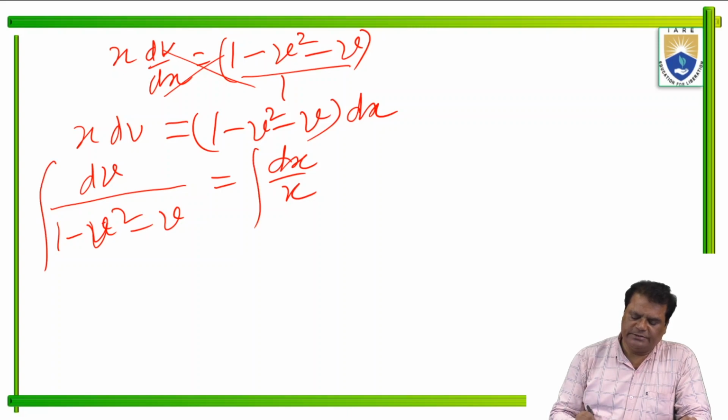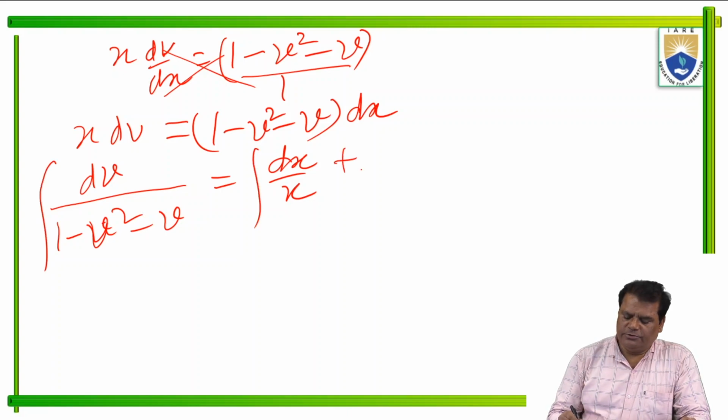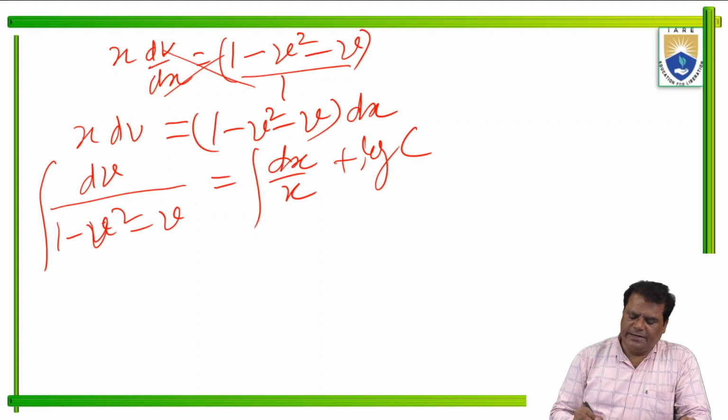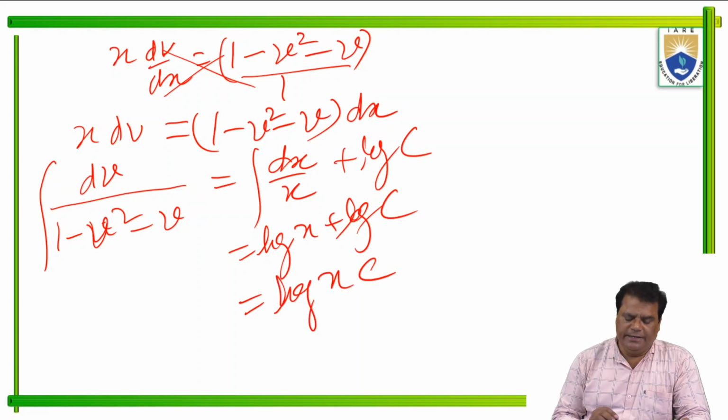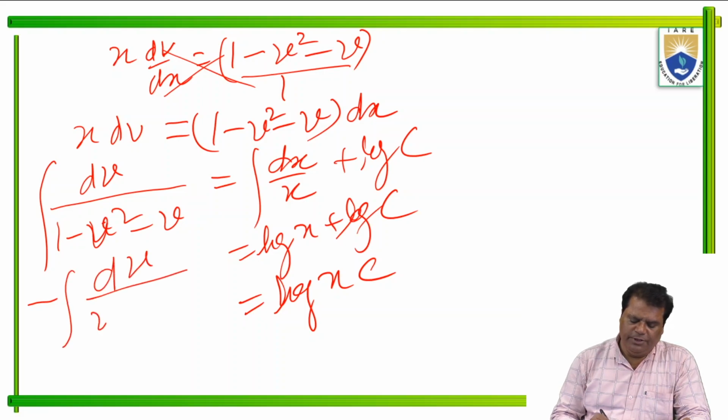Integrating on both sides and adding log c, which is an arbitrary constant: log x plus log c, so log xc. On this side, taking minus common, we integrate dv upon (v square plus v minus 1).